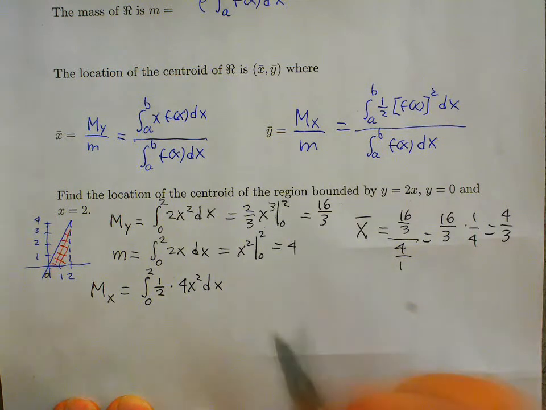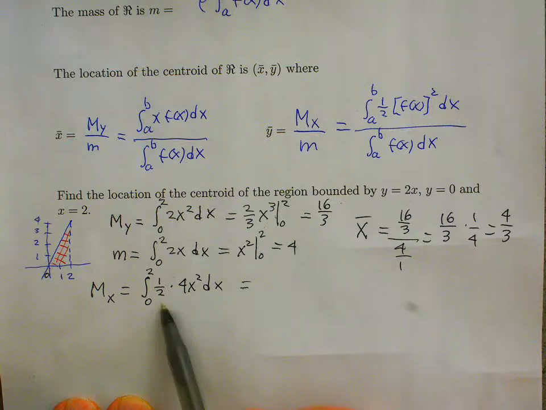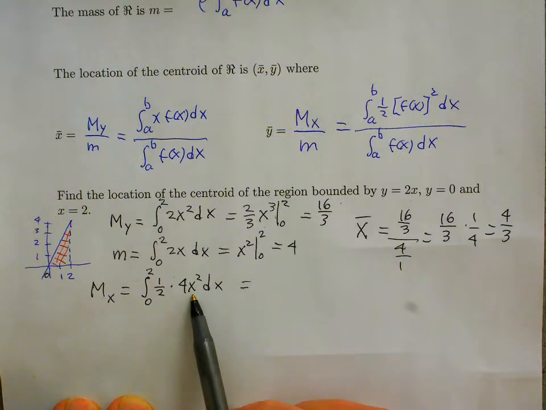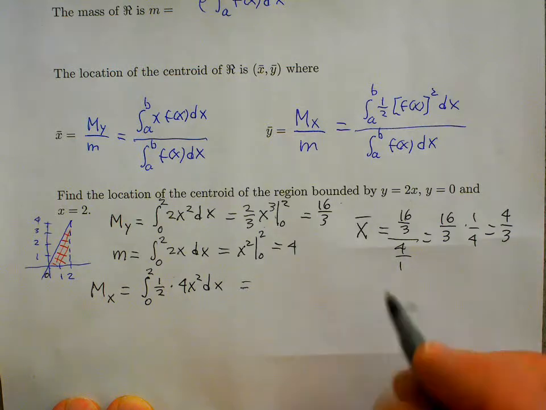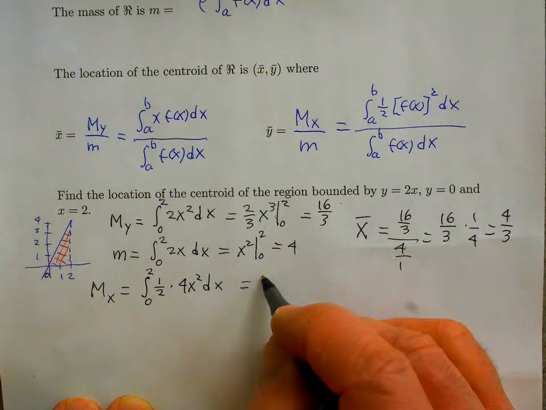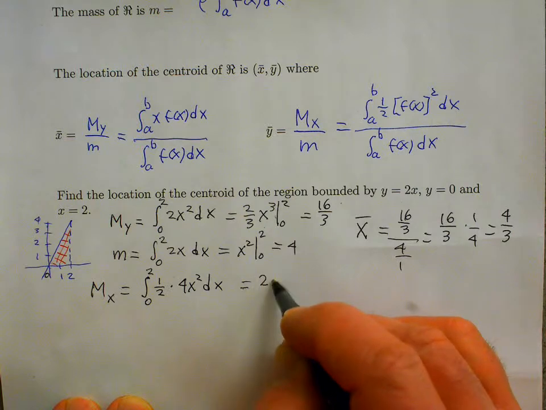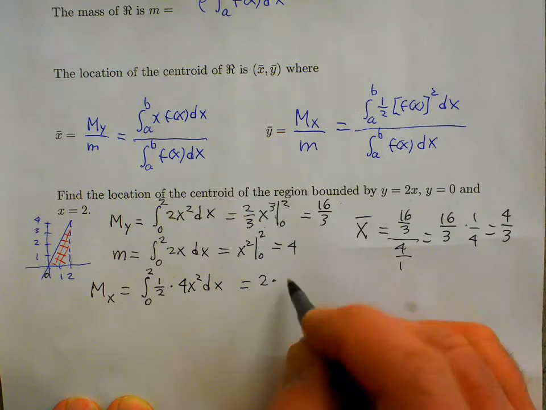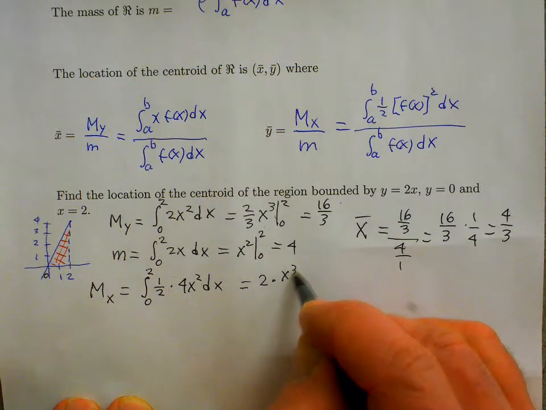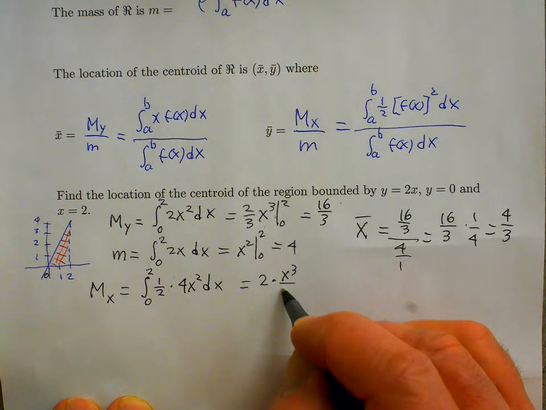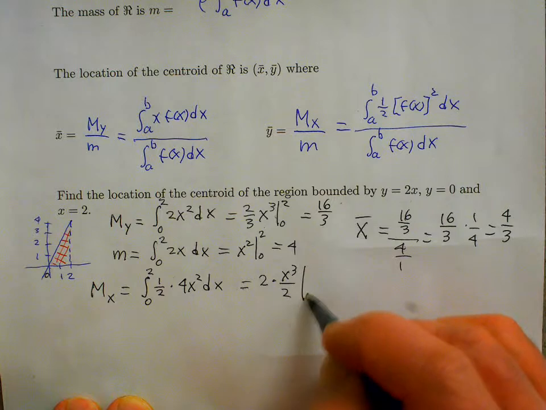Okay, so in the next step, we'll simplify 1/2 times 4, and then find the antiderivative of x to the second. So we're going to get 2 times x to the third over 3, evaluated from 0 to 2.